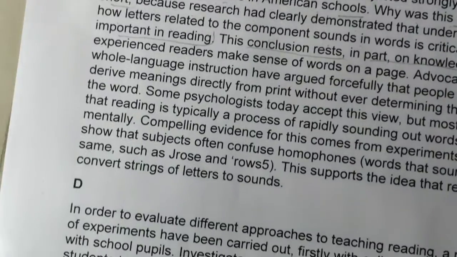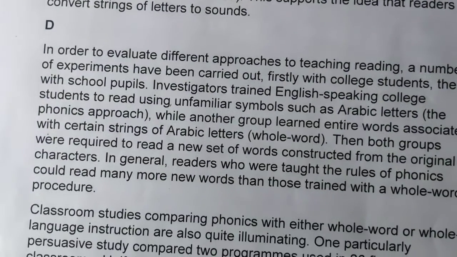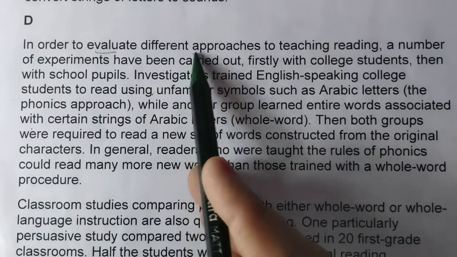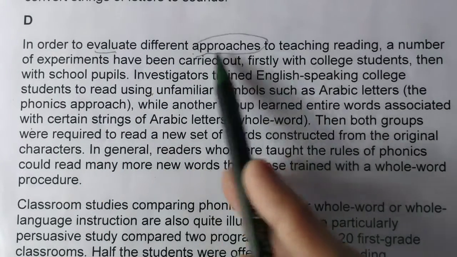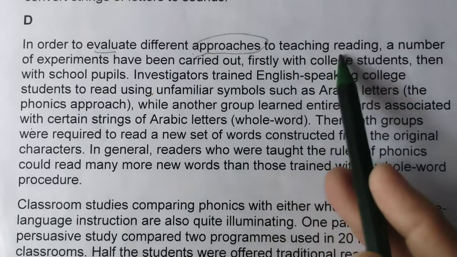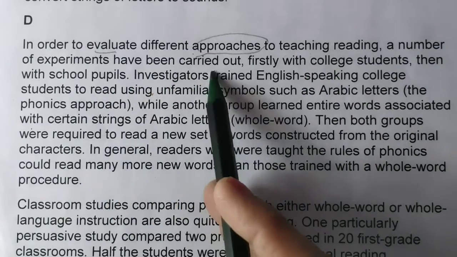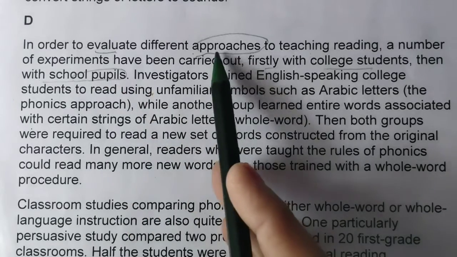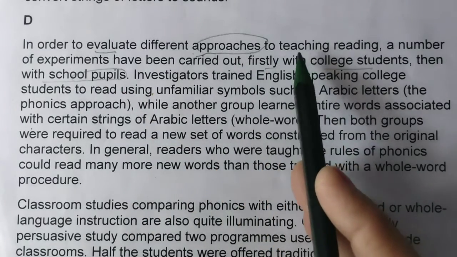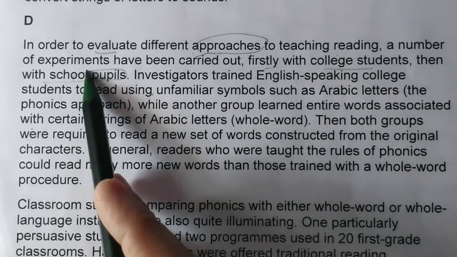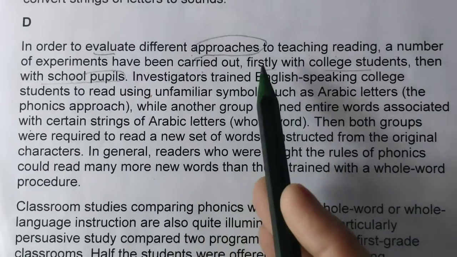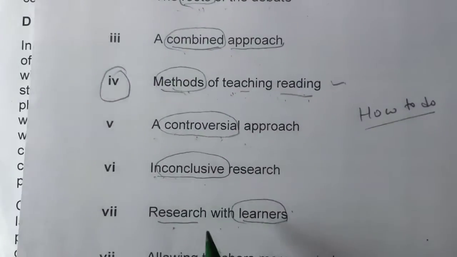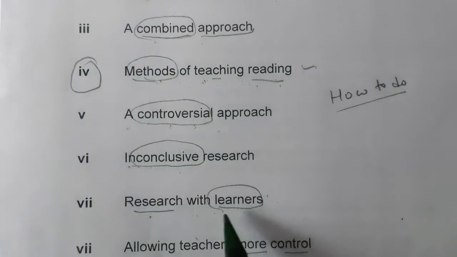Now section D is here. I will show it in full. In order to evaluate different approaches to teaching reading, a number of experiments have been carried out, firstly with college students, then with school pupils. So they were talking about experiments with the learners, pupils, as I told you.